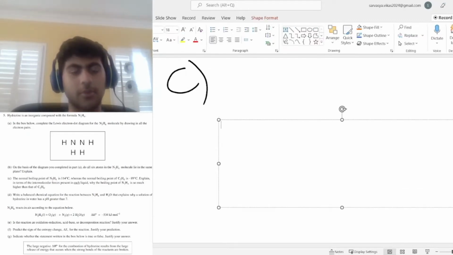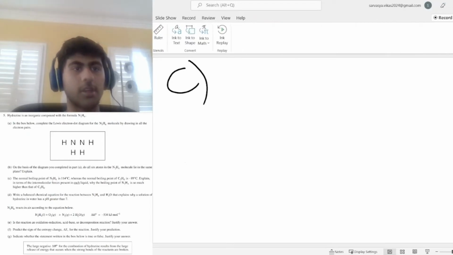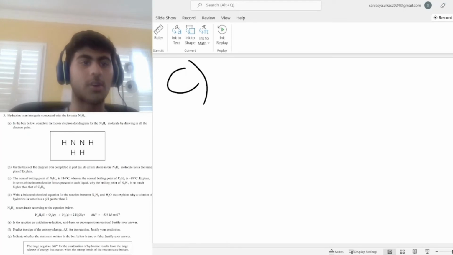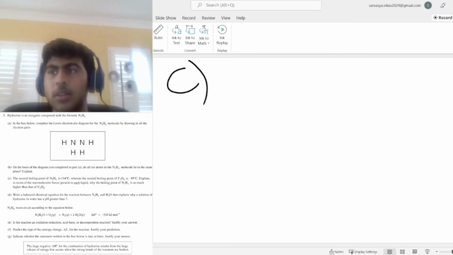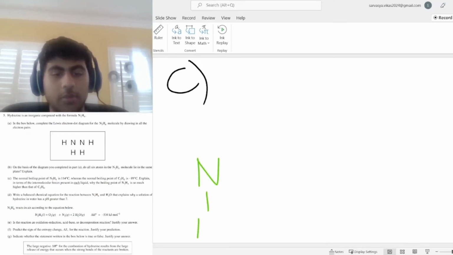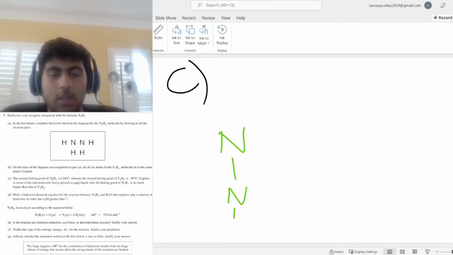So actually, before we make a text box to start talking about what's going on here, the first thing you want to do on these kinds of questions is draw a Lewis structure of both of the molecules. So we have the N2H4, which is going to look something like this. We drew before, actually. That's going to look like this.